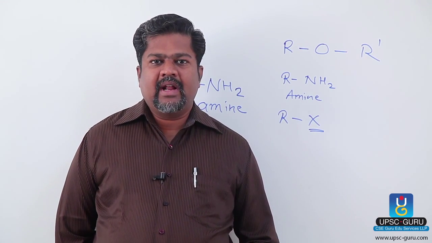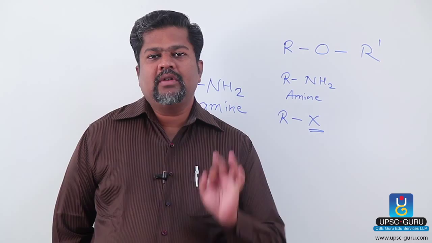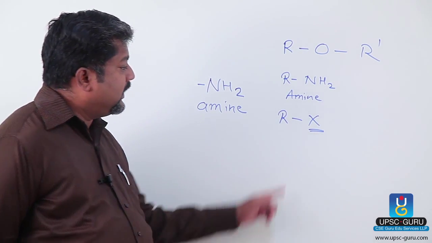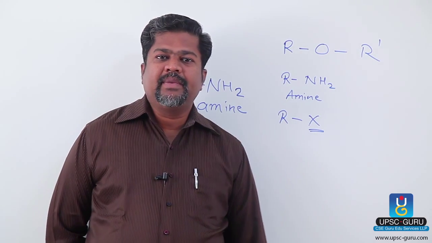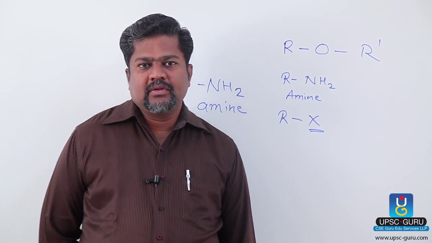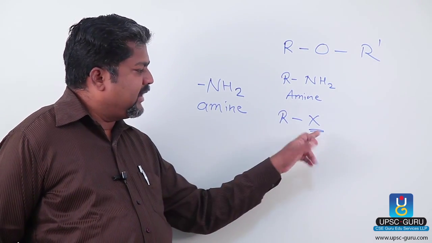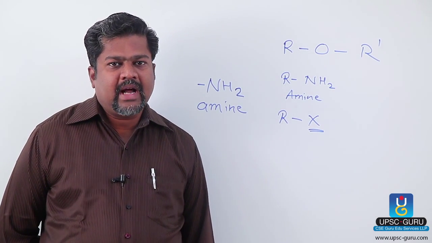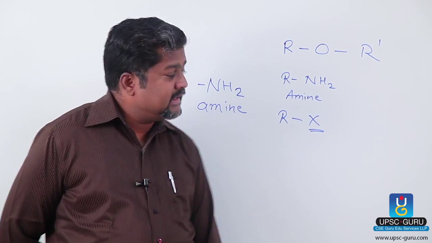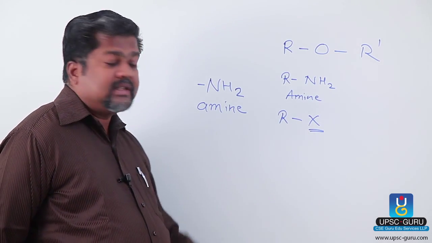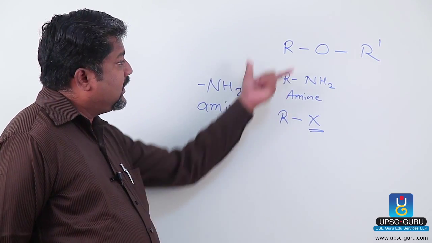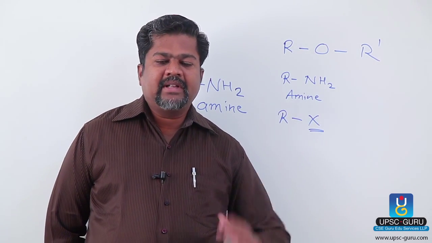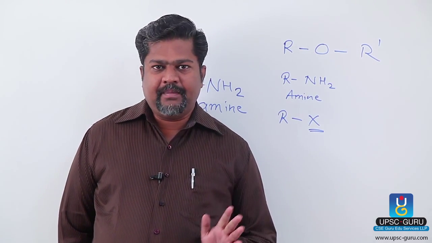Not astatine, we are not considering. These 4 members we are calling halogen, represented simply by X. So when a halogen group, fluorine, chlorine, bromine or iodine, is attached, then that is a halide. So this way we discussed some of the functional groups in aliphatic compounds.